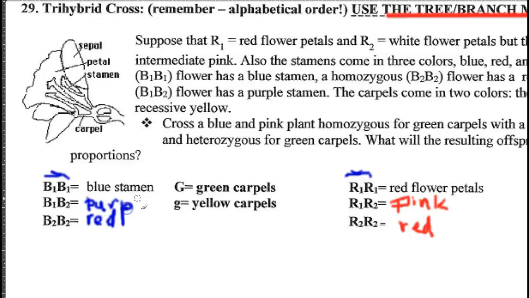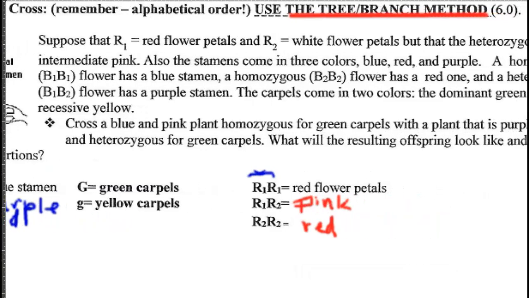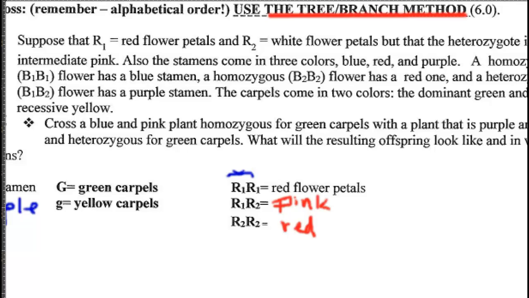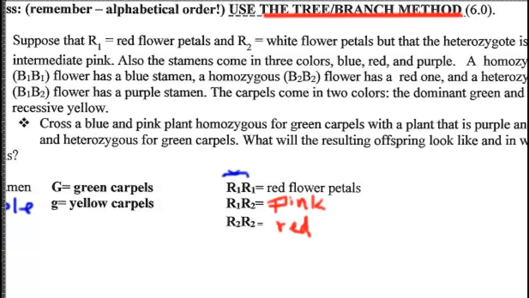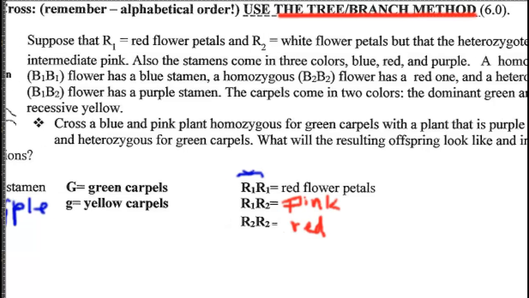Now what I'm going to do is I am going to do a monohybrid cross with these over here. Cross a blue and pink plant homozygous for green. Let's go ahead and do that one.